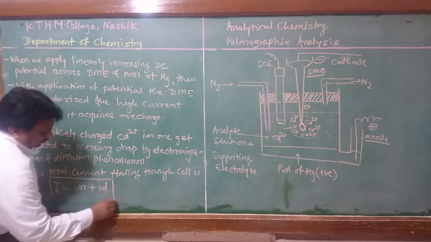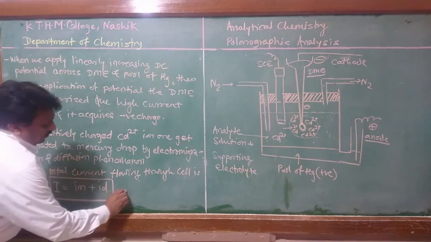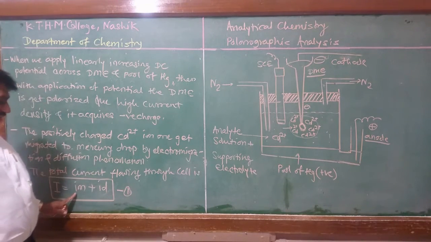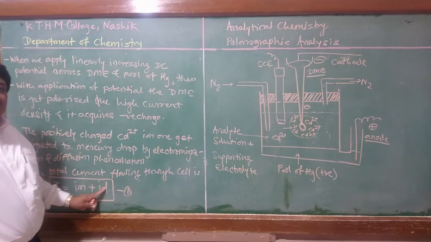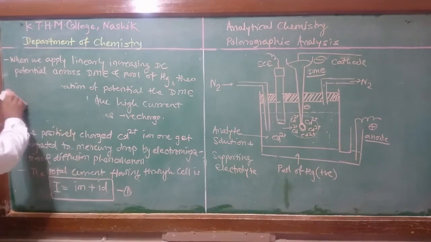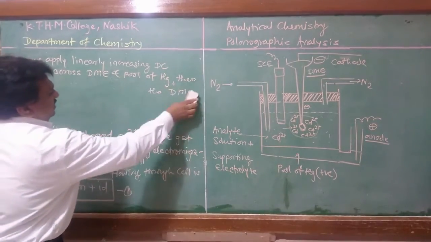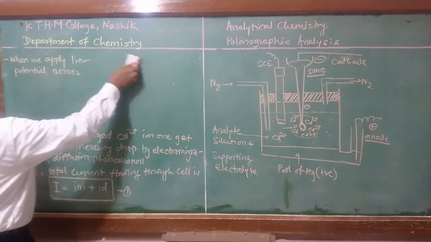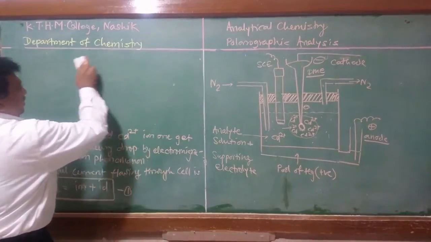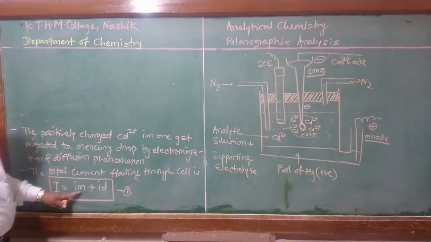Therefore the current flowing through the cell is the sum of migration current and the diffusion current. Now polarographic analysis is carried out in a quiescent analyte solution. Therefore there is no convection current, that already we discussed.